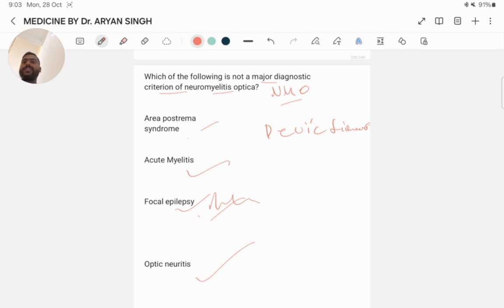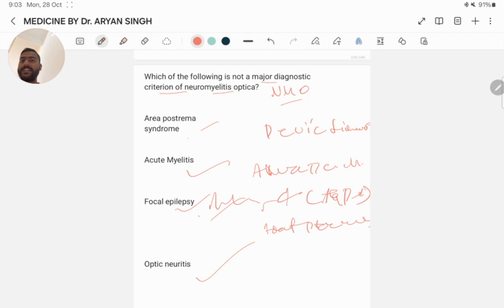It is associated with a highly specific autoantibody directed against aquaporin 4, AQP4. AQP4 is localized where the foot processes of astrocytes are in close proximity to the endothelial surface.